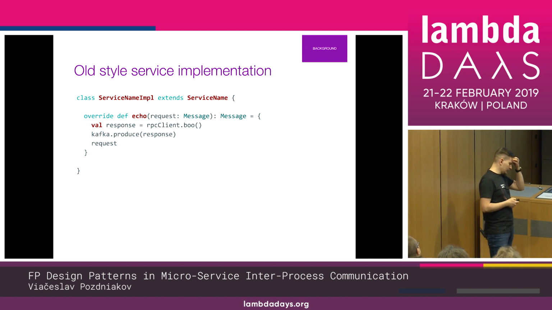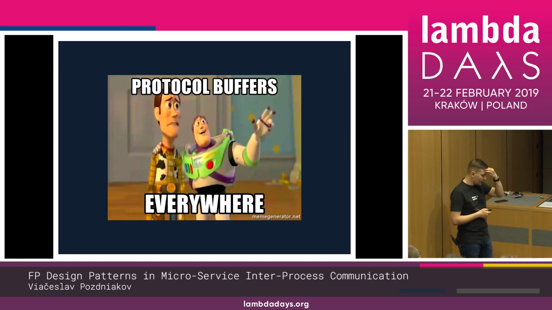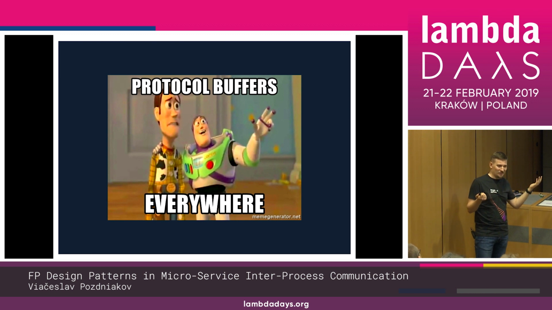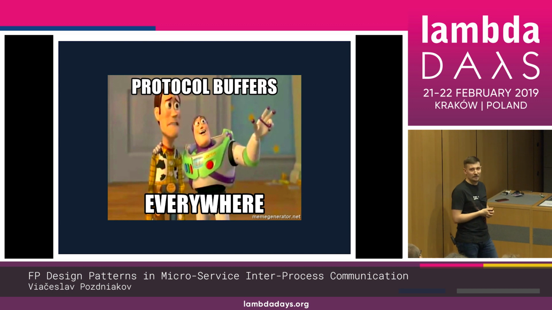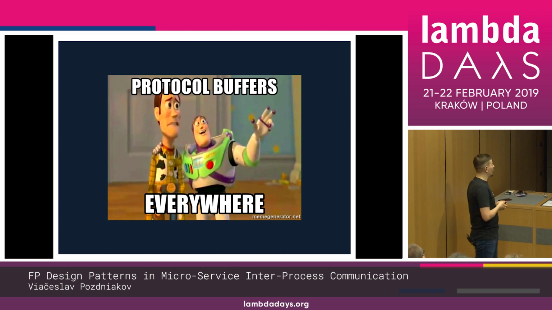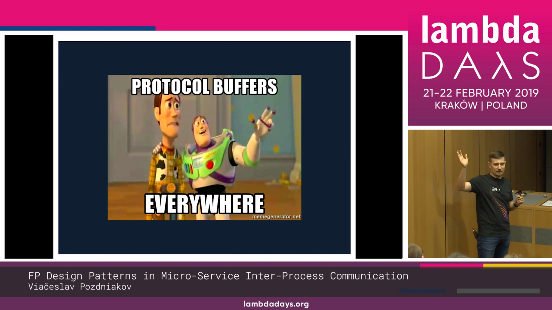So we decided to switch to a more modern technology, and we tried to use protocol buffers and gRPC. Are you aware of gRPC, protocol buffers and stuff like that? Yeah, cool, quite a lot of people.